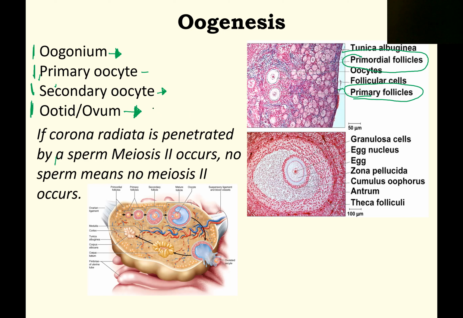Now, this only develops if the corona radiata has been penetrated by a sperm. No sperm, no meiosis 2. So it's the secondary oocyte that is typically sloughed off during menstrual cycles.